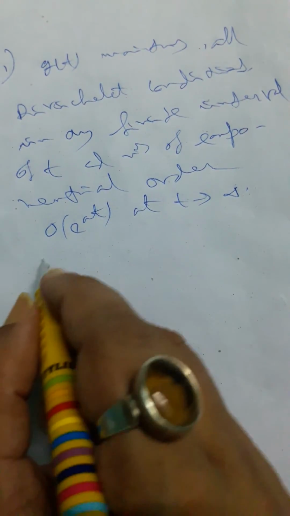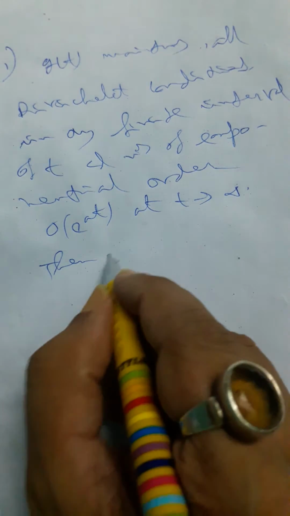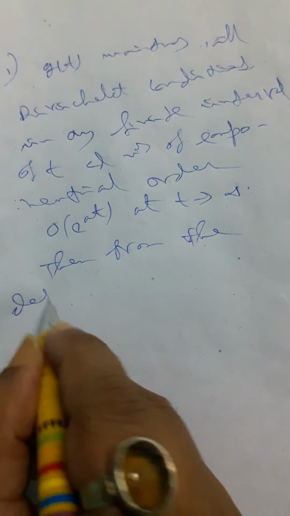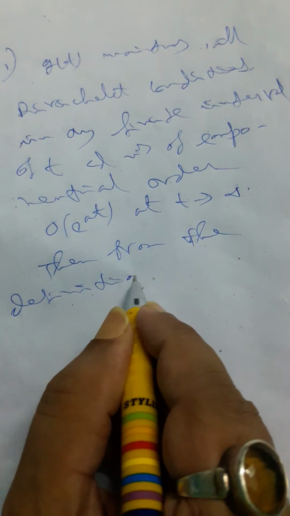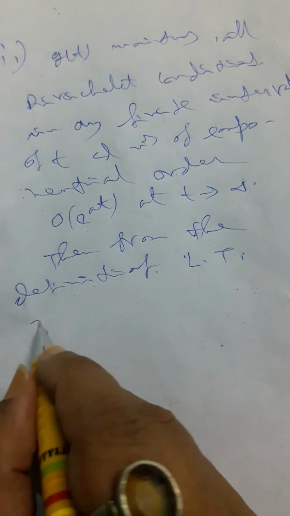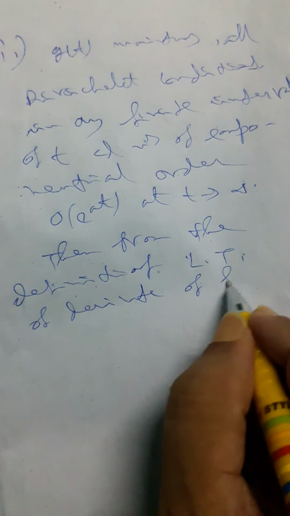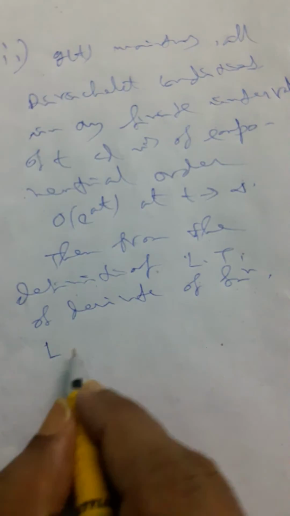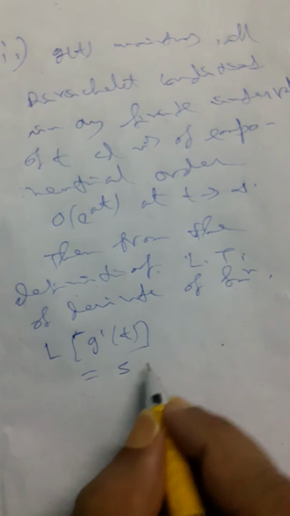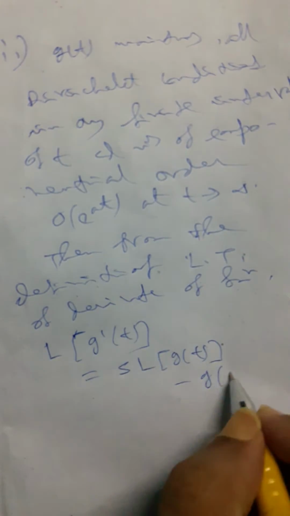Then from the definition of the Laplace transform of the derivative of a function, L of g dash t equals s L of g(t) minus g(0).